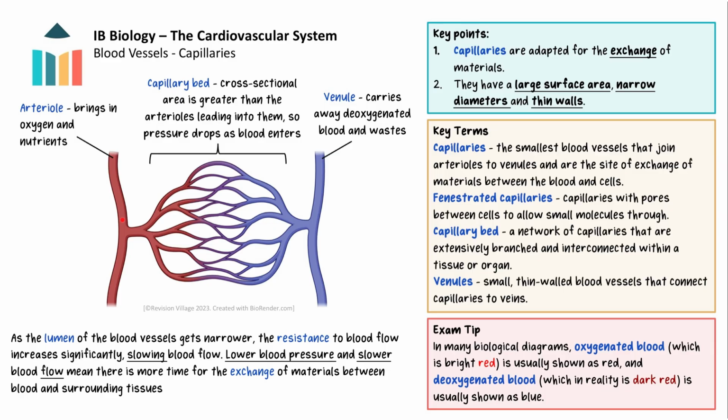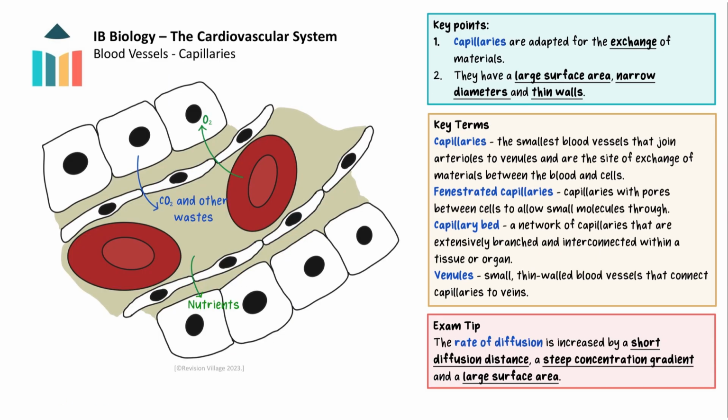Also, as the lumen of the blood vessels gets narrower, the resistance to blood flow increases significantly. As a result, blood flow slows down when it enters capillaries, and this allows time for more efficient exchange of gases and nutrients with the surrounding tissues. The lumen of each capillary is just wide enough to allow one red blood cell through at a time.